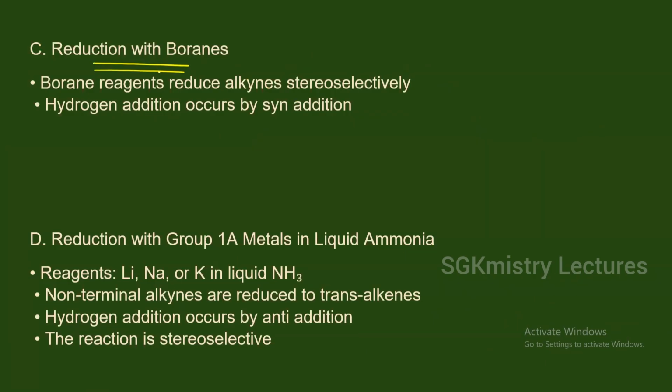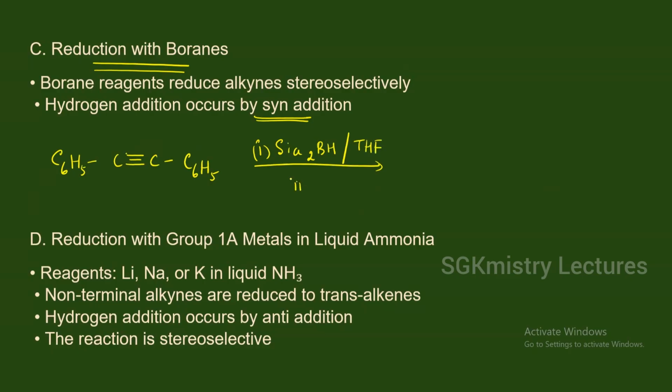This reaction is also stereoselective, and here also it is the syn addition. So let us take an example: C6H5, C triple bond C, C6H5. The first step is we take Sia2BH, THF, then we take CH3COOH and heat, right?